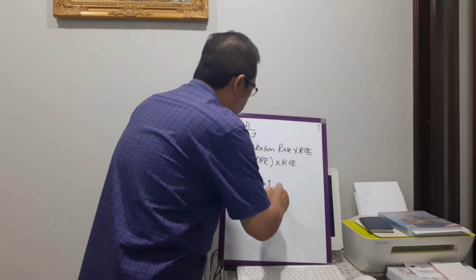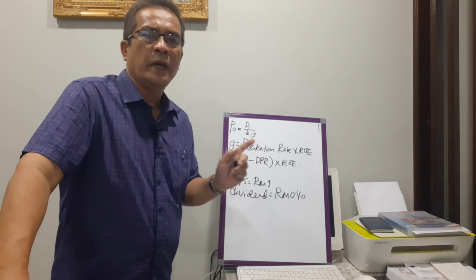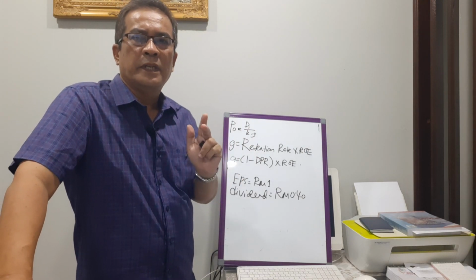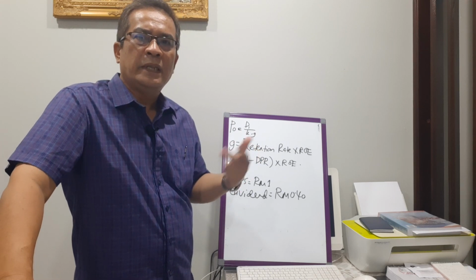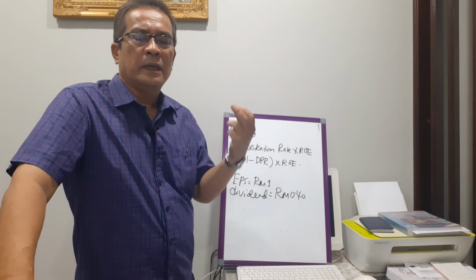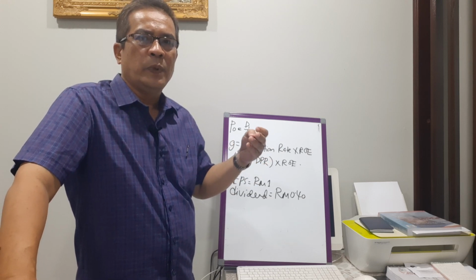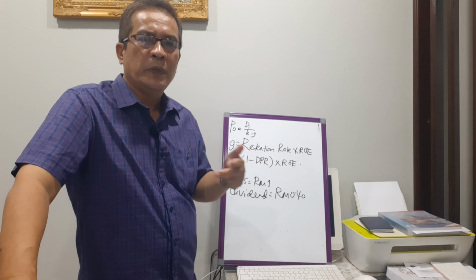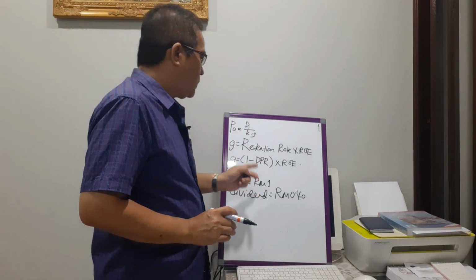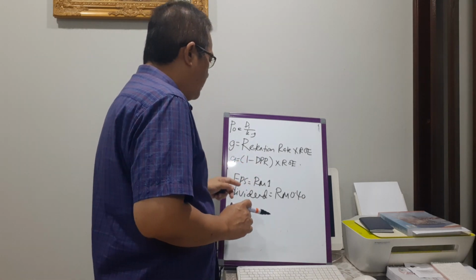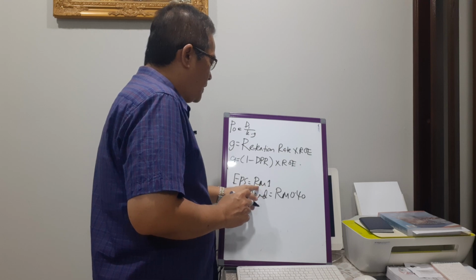If you pay a dividend of 40 cents, it means the other 60 cents you retain as retained earnings. That 60 cents becomes part of your retained earnings that can be used for next year's business.